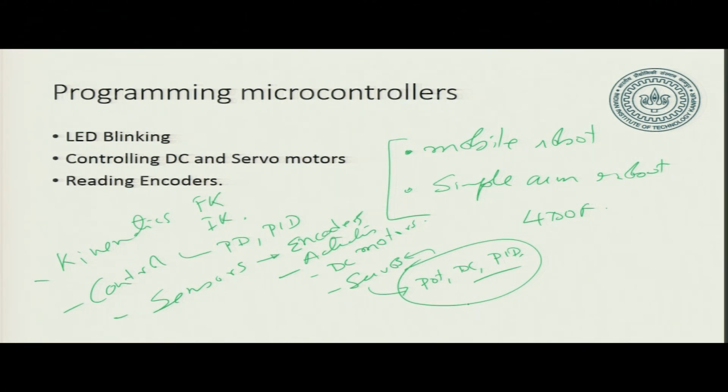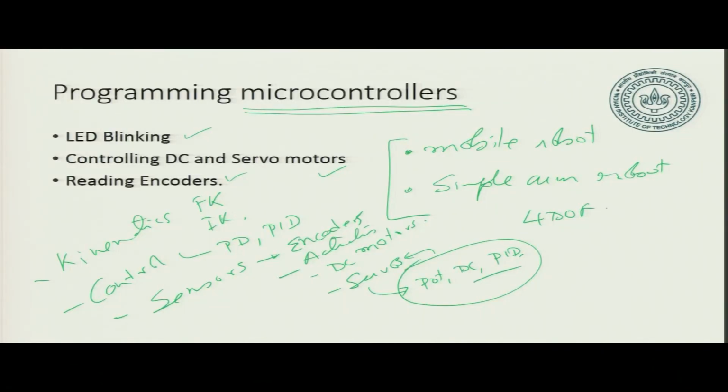So, what we will be seeing now is the very basics of microcontrollers, only one type of microcontroller, then a simple program for blinking an LED. So, we have an LED which we are going to blink, just to get an understanding of how to program a microcontroller, then controlling DC motors, DC servos using the microcontroller, reading encoders, to make the closed loop control system.